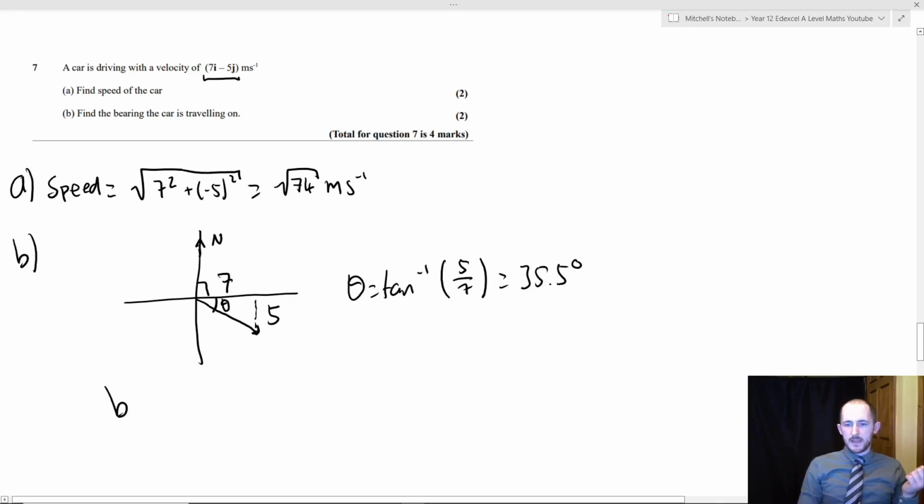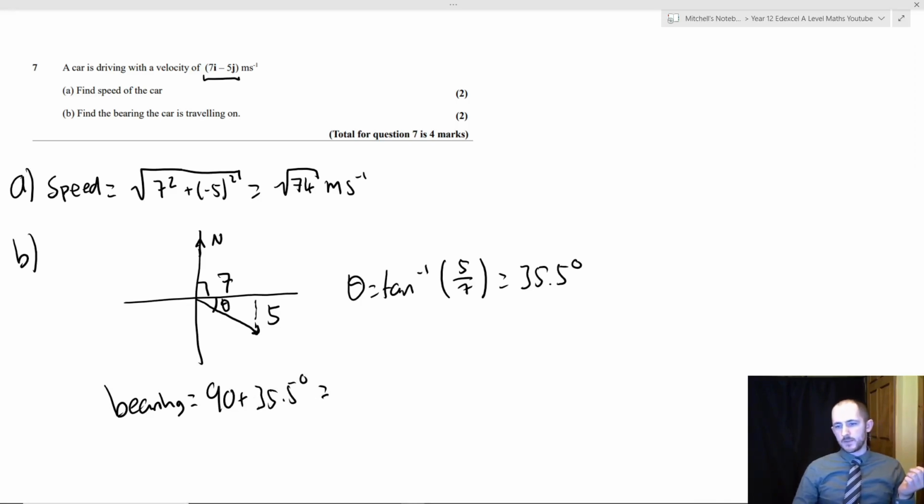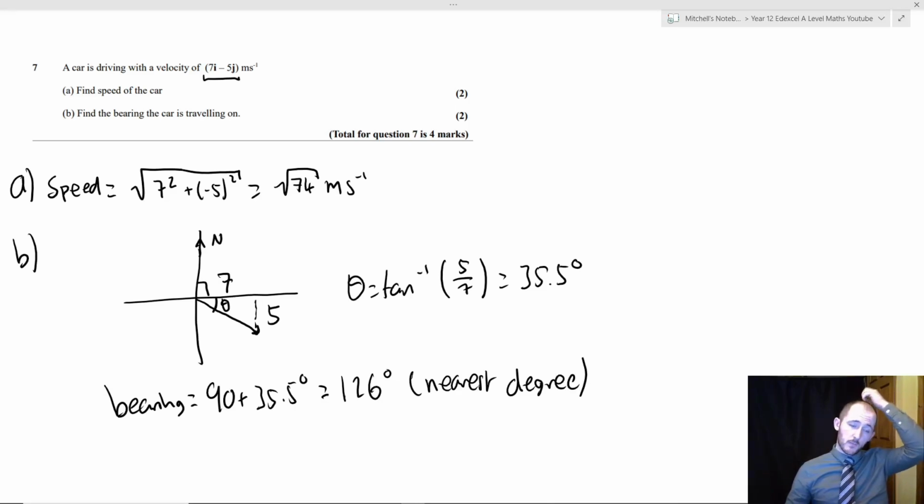So the actual bearing is 90 plus 35.5, which is equal to 126 to the nearest degree, right? Because remember, bearings have to be to the nearest degree. They're 3-digit numbers, no more, no less.